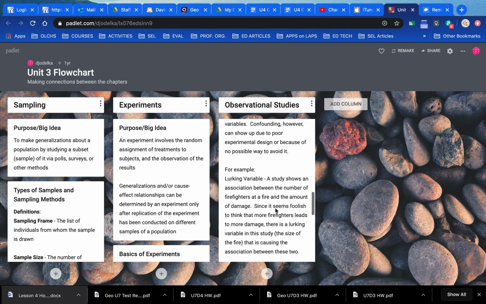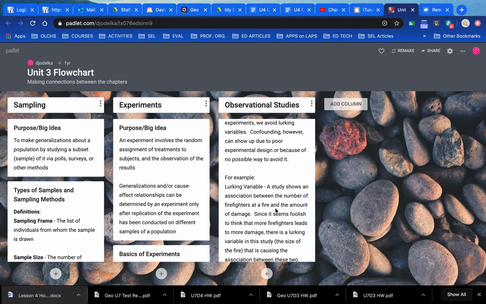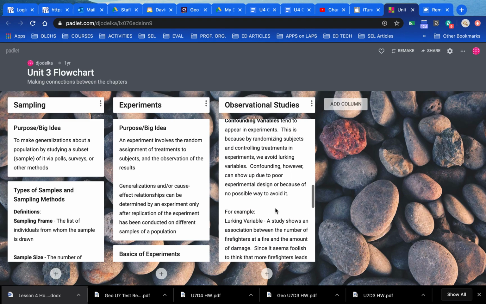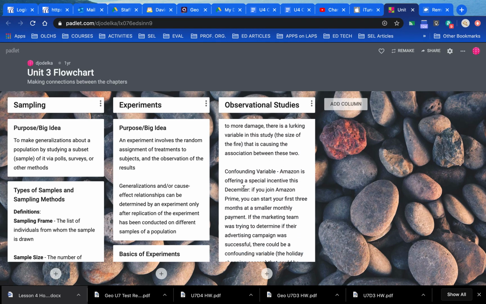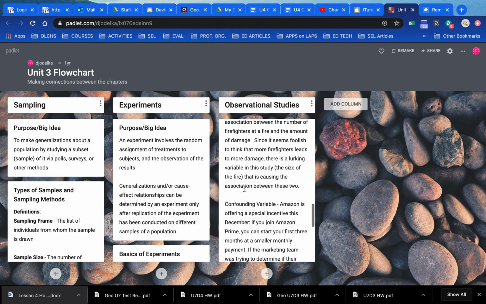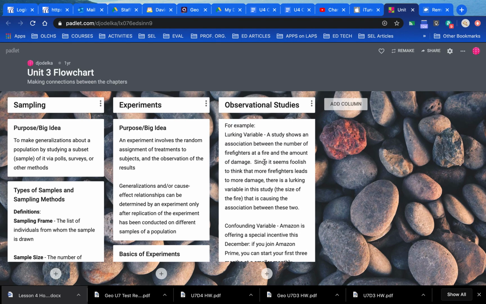So again, lurking and confounding are both things that impact what you're trying to understand. Lurking is something that you're unaware of. With confounding, you were aware it was December, so that is a potential thing affecting what's going on. Whereas with lurking, you have to think outside the box and wonder what could be causing it.